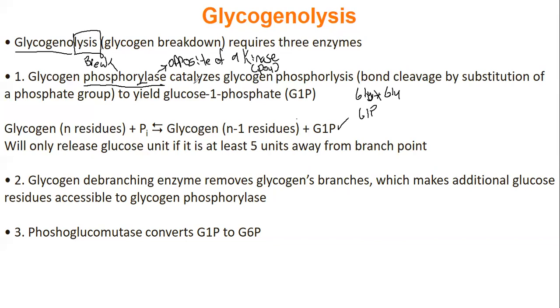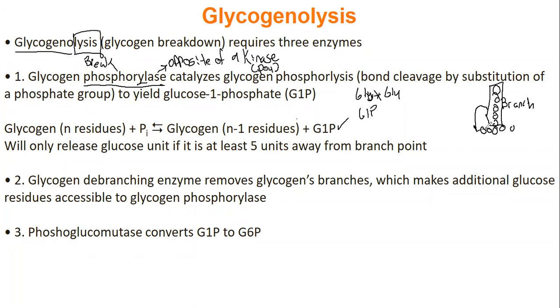So let's say this is a branch. What the debranching enzyme does is chop this off and move it to one of the ends of glycogen.